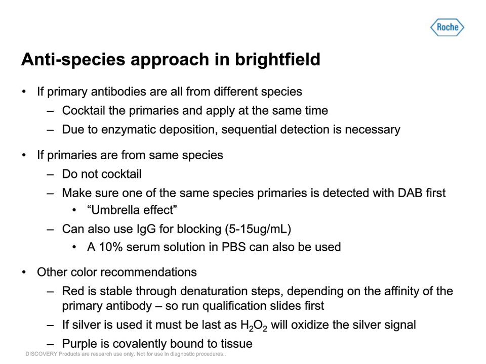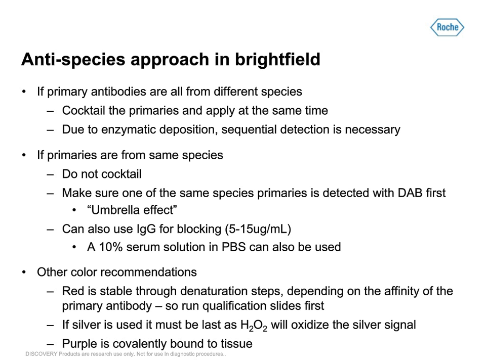Other color recommendations as well. Fast red is stable through denaturation. So if you want to heat the slide in order to elute your antibody, you can use it. Just be aware that fast red is soluble in alcohols and xylenes as well.